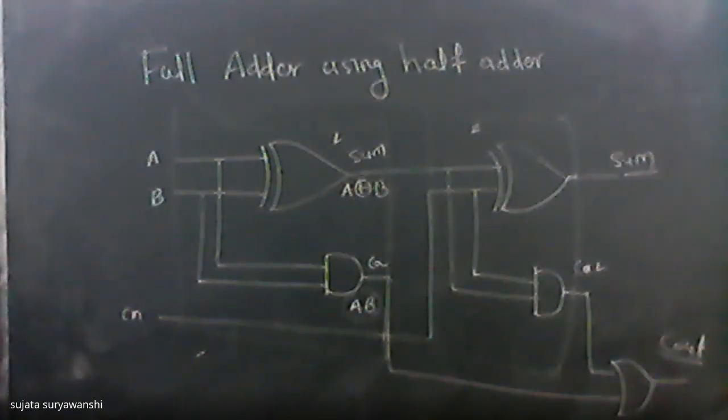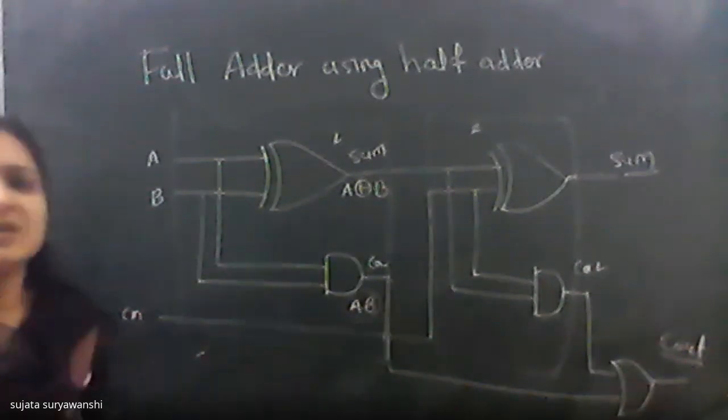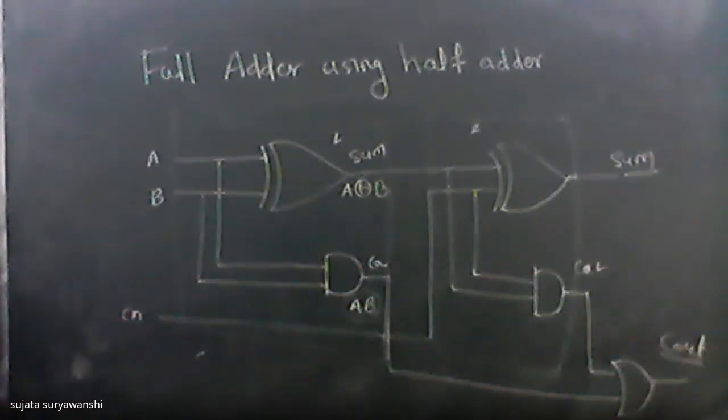Okay. So just draw this diagram first. Then we'll see the next point. Have you completed? All of you draw this diagram first. Then we'll see the next digital combinational circuit, that is half subtractor.